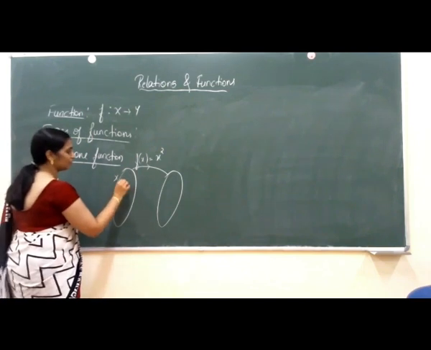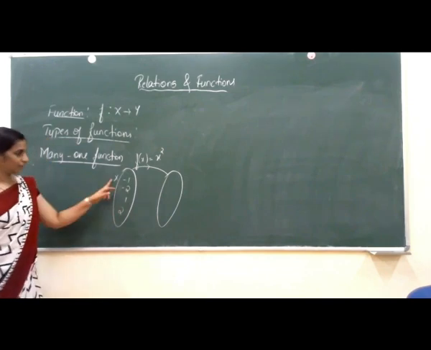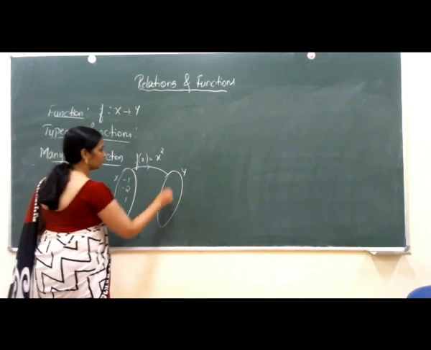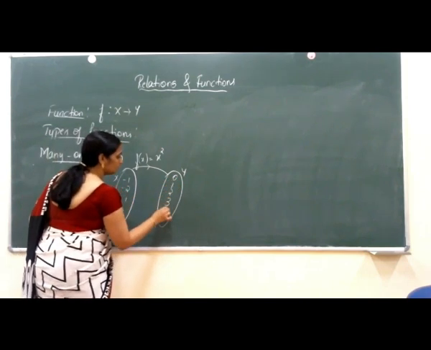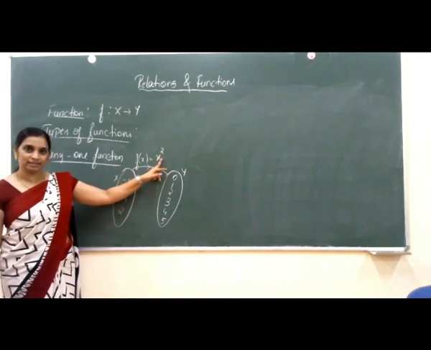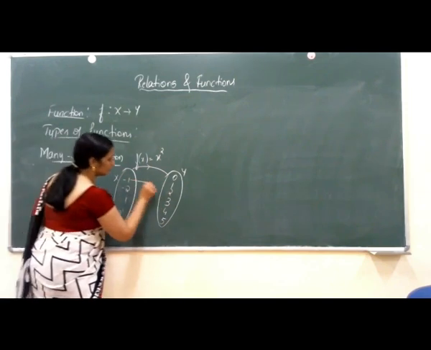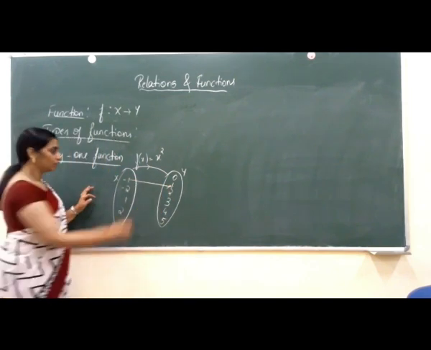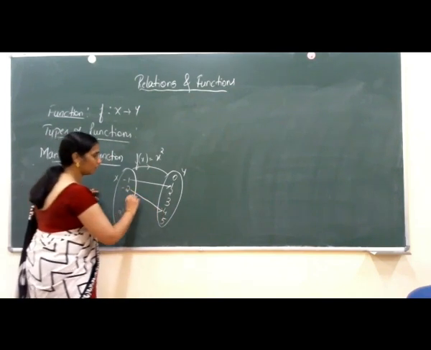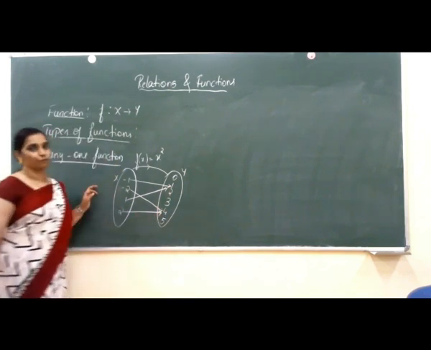So let us take the elements -1, -2, 1, 2 in our domain X, and in Y we are having 0, 1, 2, 3, 4, 5. f of x is equal to x square. -1 the square is nothing but 1. -2 the square is 4. 1 square is again 1. 2 square is also 4.